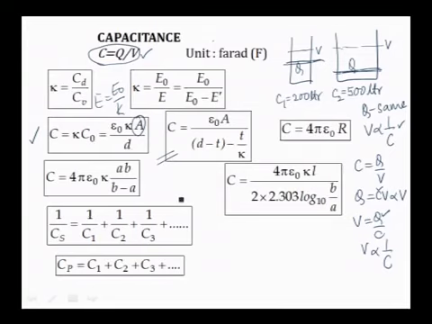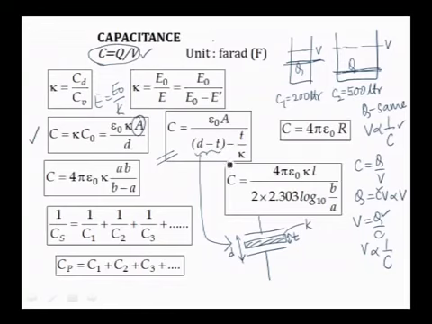Now this is an important thing to remember. If you have a capacitor with a dielectric partly filled, I can put a dielectric only for a small region like that. The total distance between the plates is d, and the dielectric has only a thickness t, which is less than d, and has a dielectric constant K. Then you have to use this equation with d minus t.